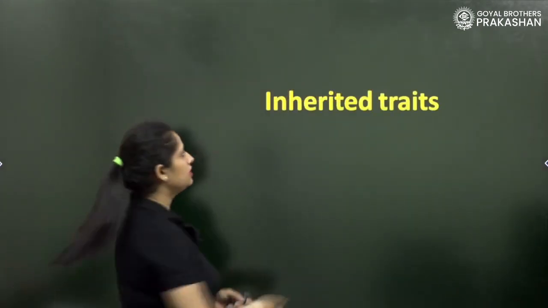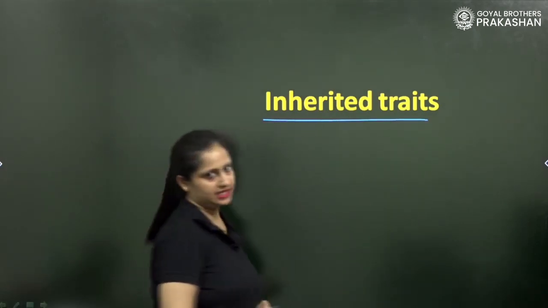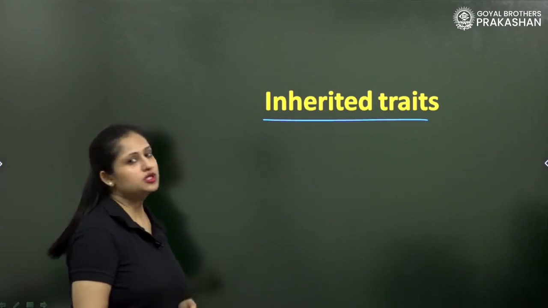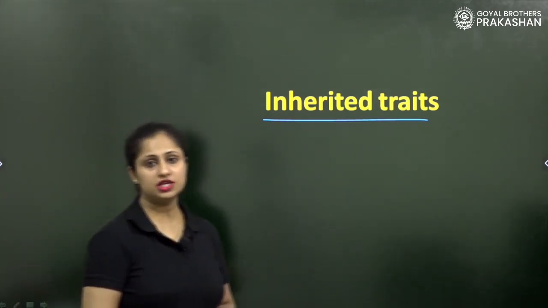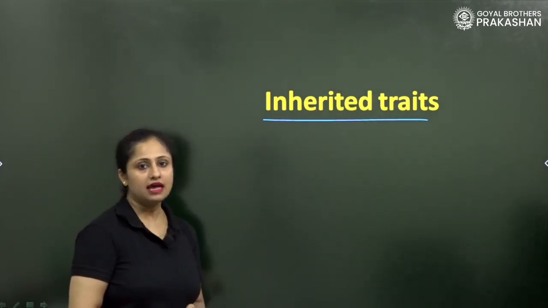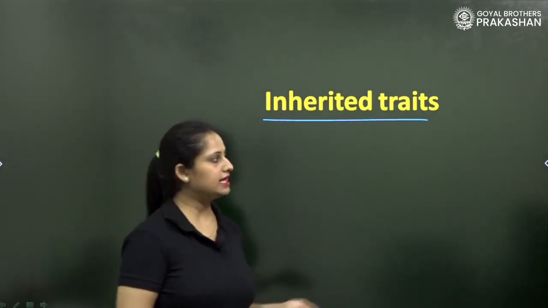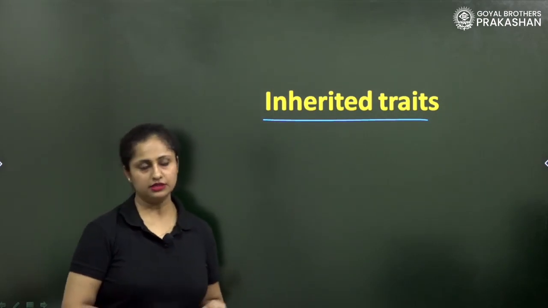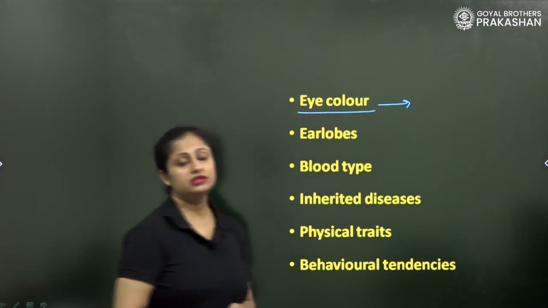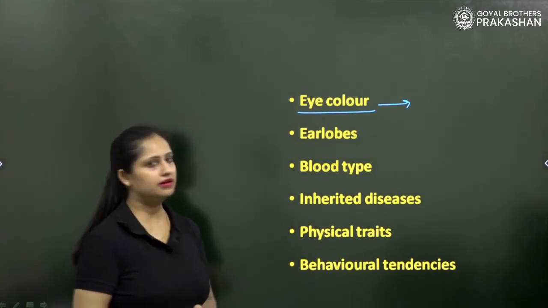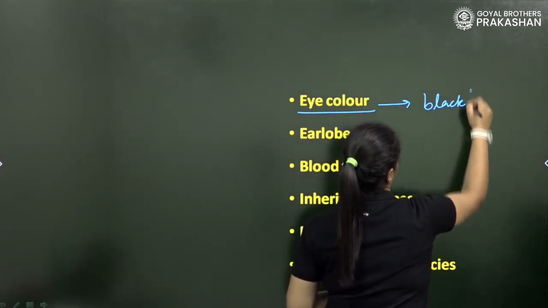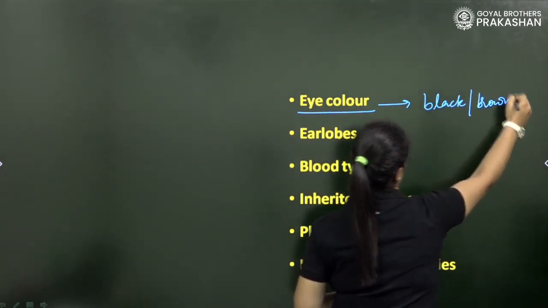Now come to another topic, that is inherited traits. But this topic is more or less similar, about the transmission of traits from parents to their generation or offspring. So let's see other examples, like we have just seen the example of eye color. Eye color can be of two types, for example, black or brown or dark brown.